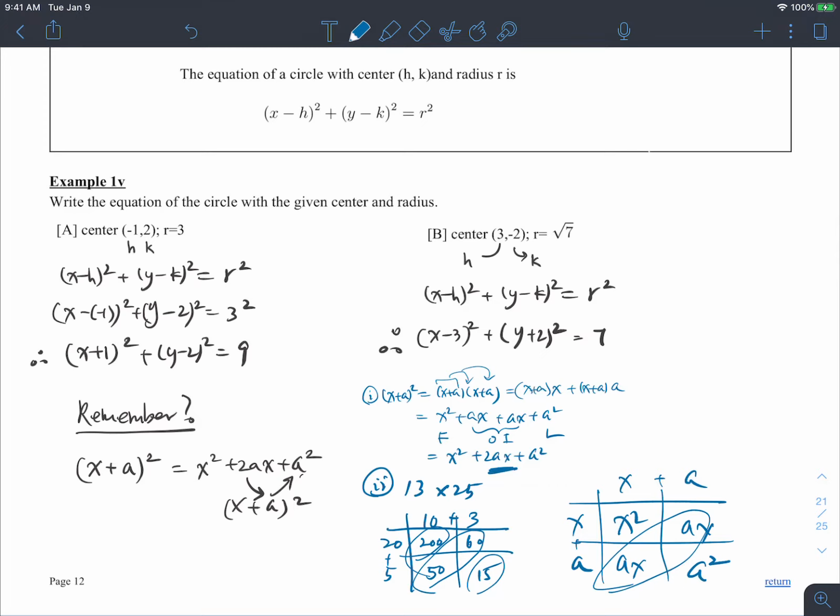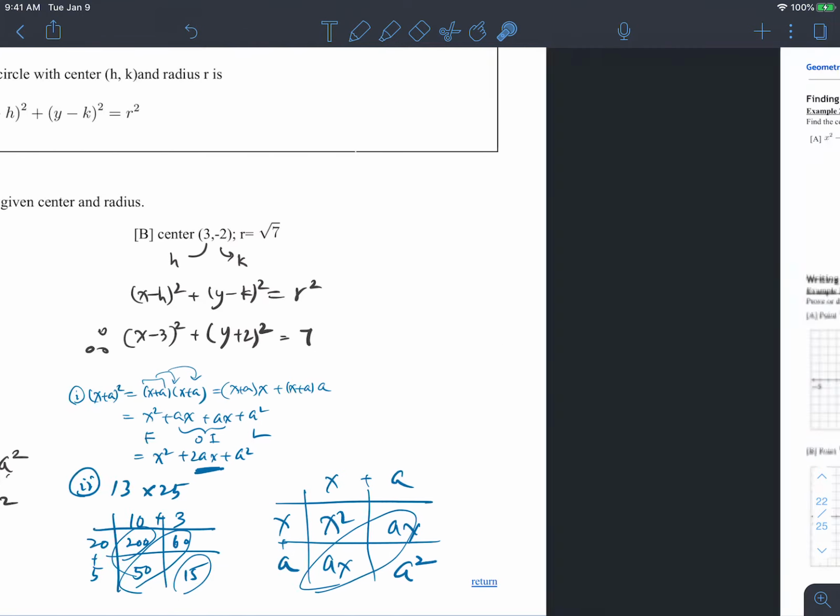Whatever works for you, but I'm trying to remind you that's where it came from. But what I want you to do is you have to know this code. When you have (x + a) squared, that's the same thing as x squared plus 2ax plus a squared. You have to go in either direction. Okay, guys? All right.